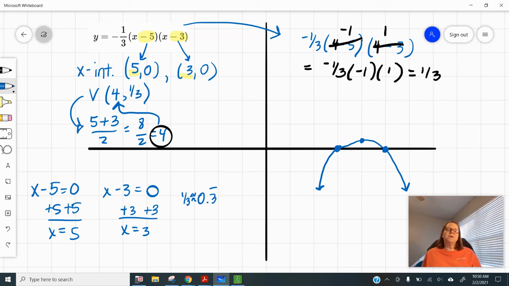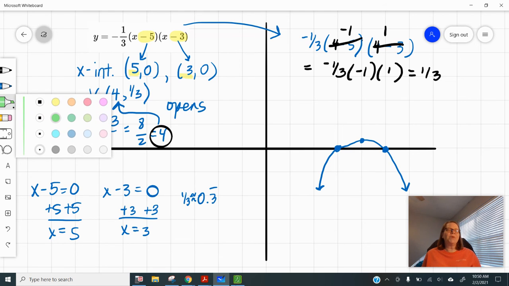You're probably also going to have to say whether it opens up or down. We can see that it opens down, but let's confirm that. Let's go back to the equation and make sure that we didn't graph something wrong. Maybe we got the vertex wrong or something. This is a way to check that so we don't miss it, because it really only takes 2 seconds.